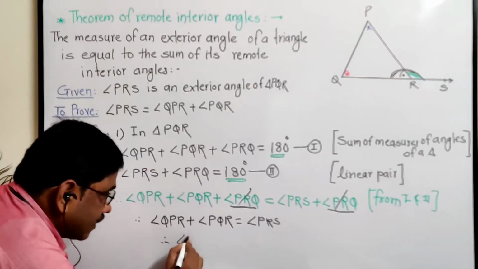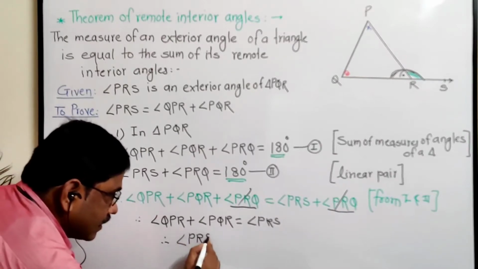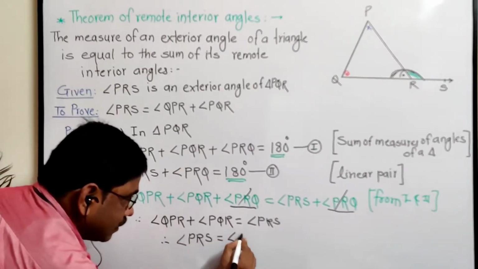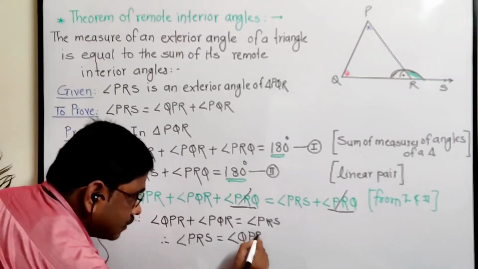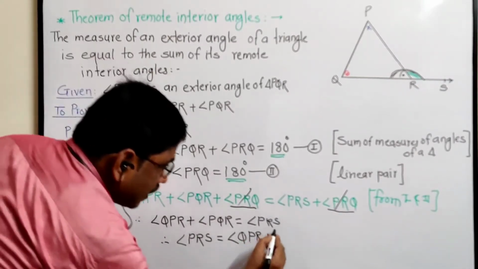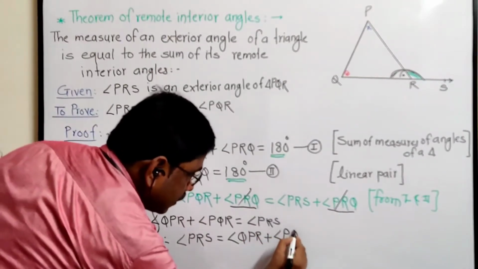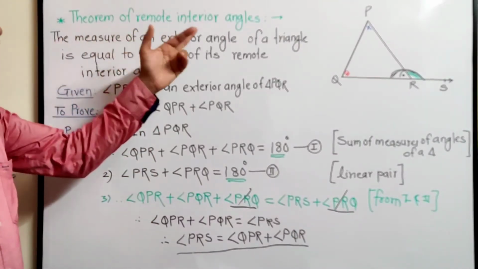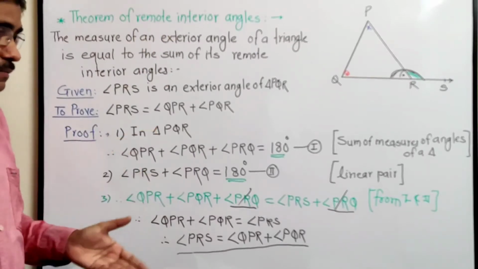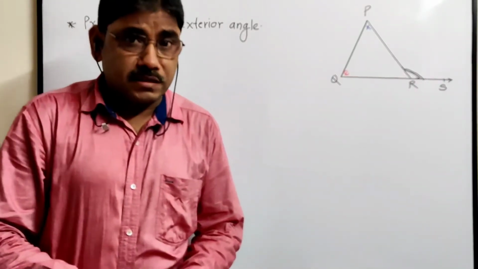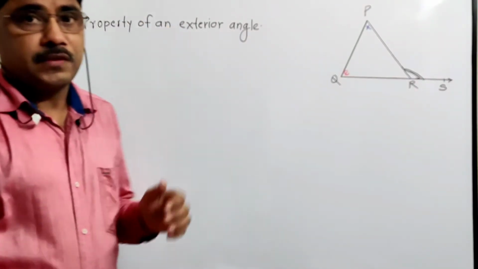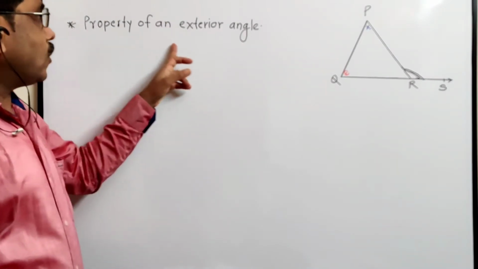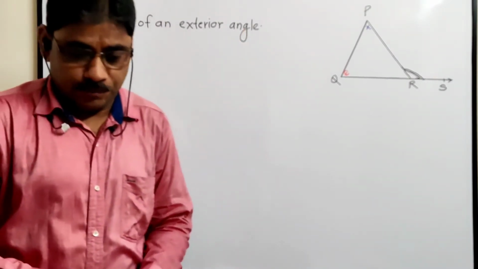Therefore, angle PRS is equal to angle QPR plus angle PQR. So this is the remote interior angle theorem. Remember this theorem. Now friends, our next point is the property of an exterior angle.